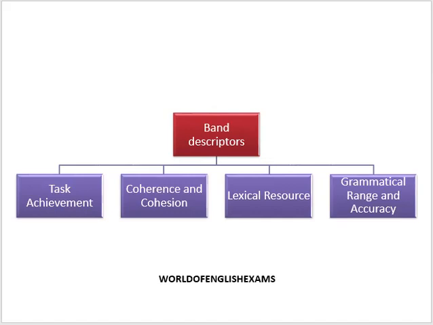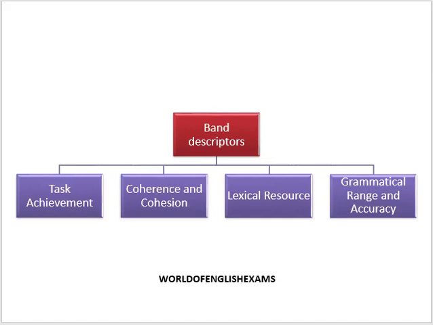The first one could be a report or a letter, and the second task is an essay. Task achievement has to do with fulfilling the requirements of the task, how you should complete writing it, and what is considered an appropriate report and an appropriate letter in this case.